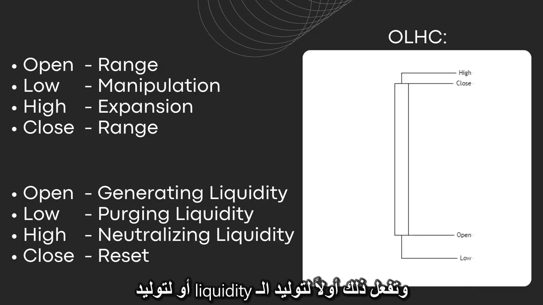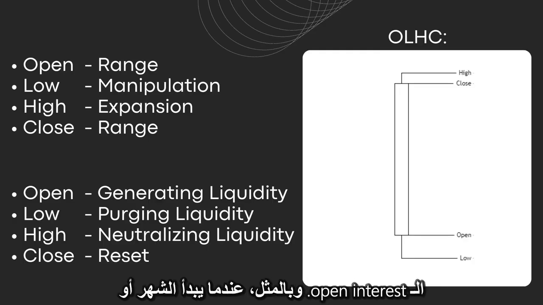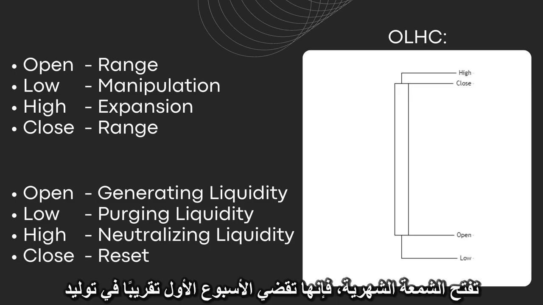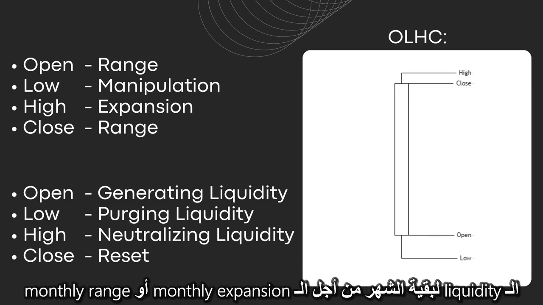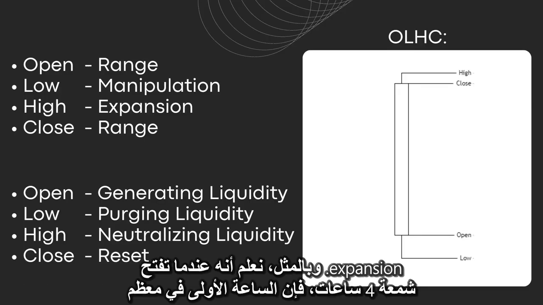And it does that, first of all, to generate liquidity or to generate open interest, right? Similarly, when the month starts or the monthly candle opens, it spends like the first week basically generating liquidity for the rest of the month for monthly expansion or monthly range expansion.